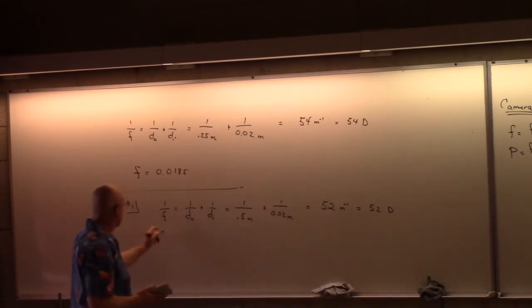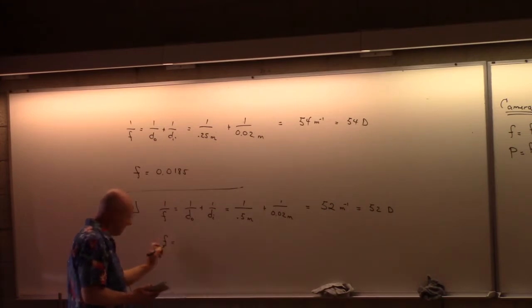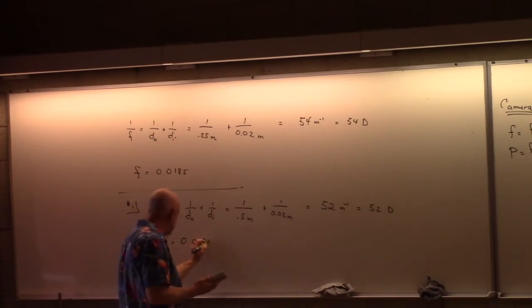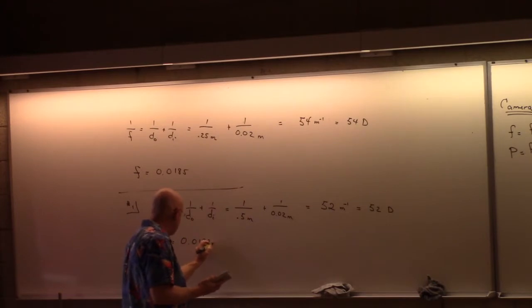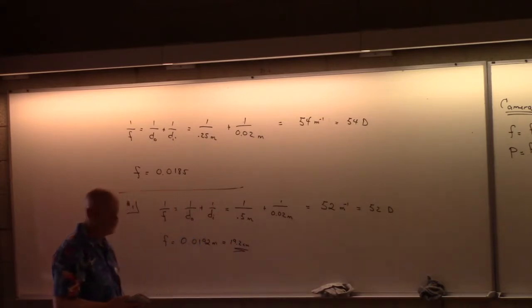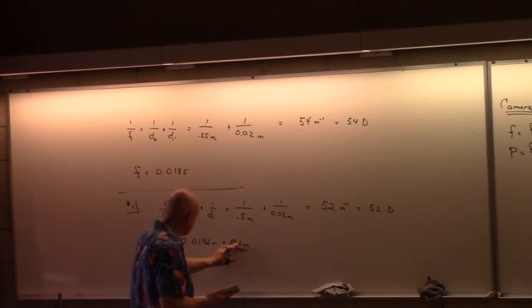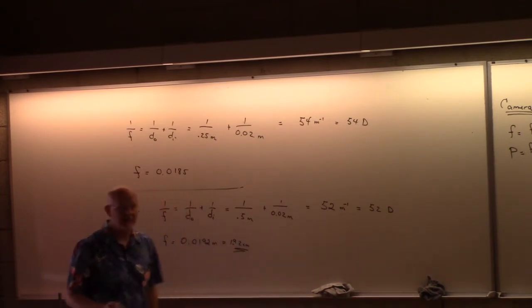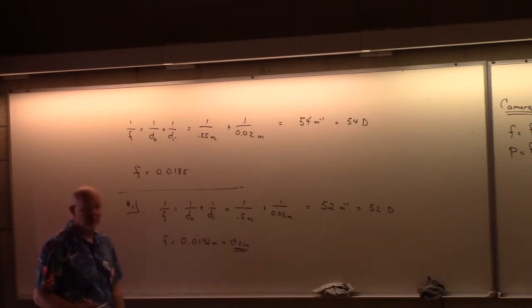And that's the power. The focal length, of course, is the reciprocal of that. So it looks like a focal length of about 19.2 centimeters. Nope, wrong decimal. 1.92 centimeters is the focal length.